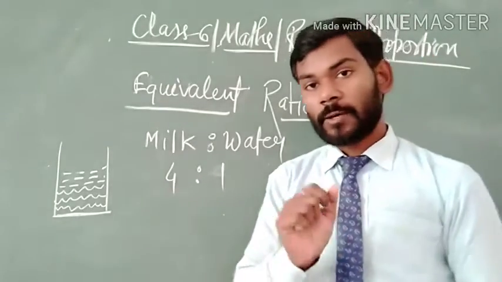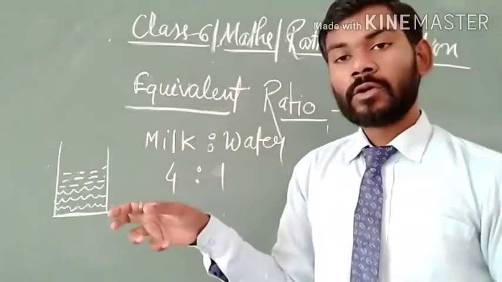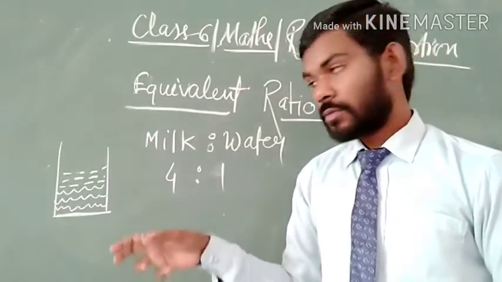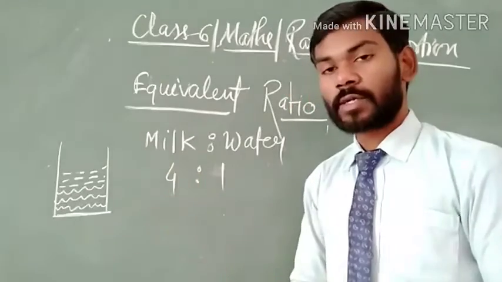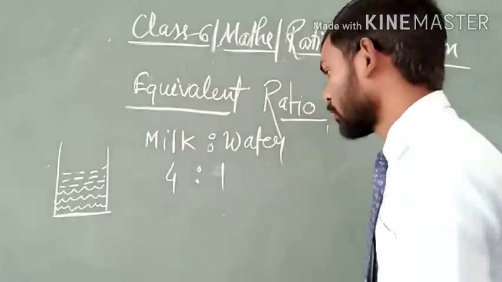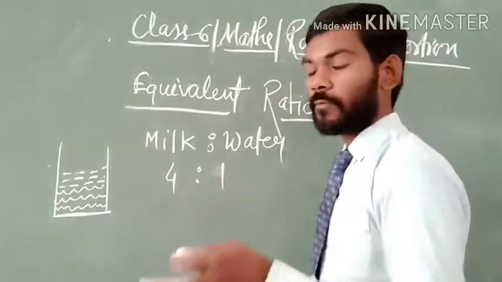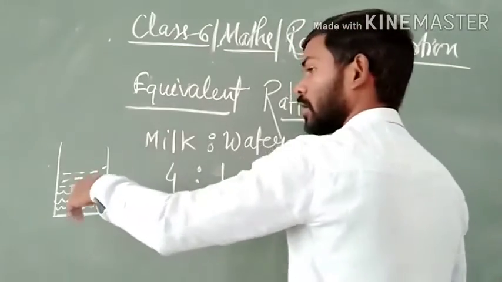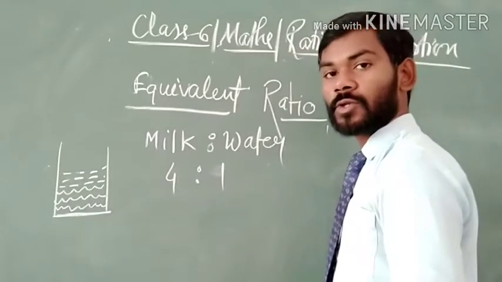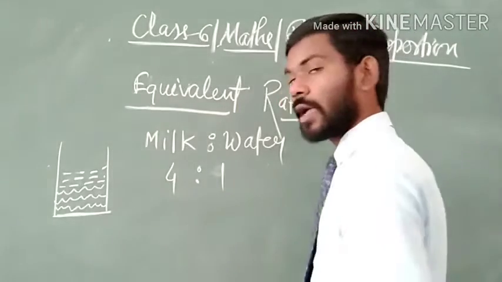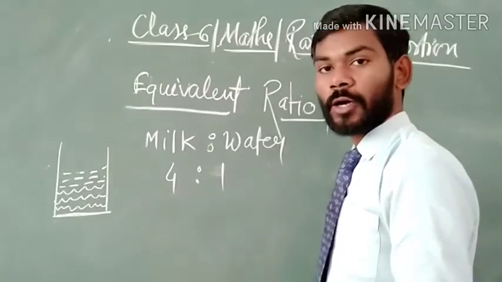Now if I want to add more, say twice the water in comparison to the first, suppose they are in liters, then I also have to add twice the amount of milk.